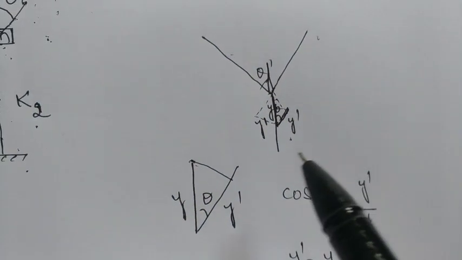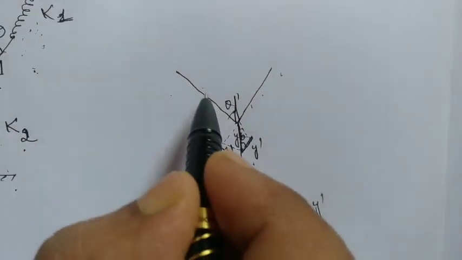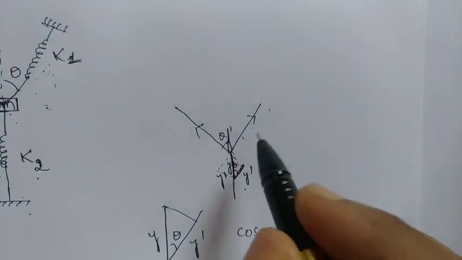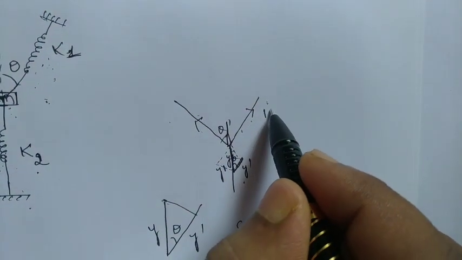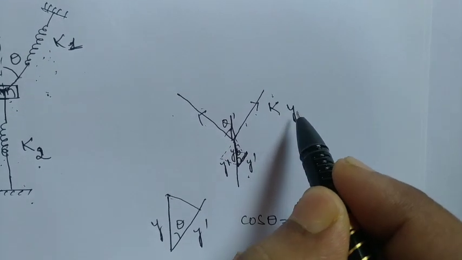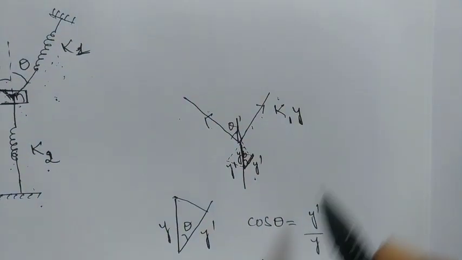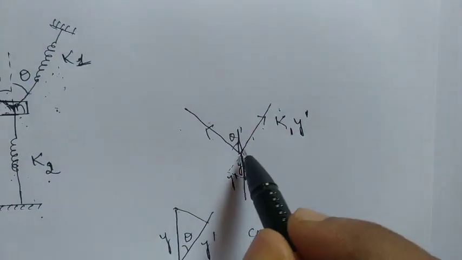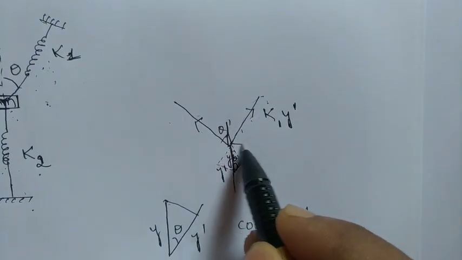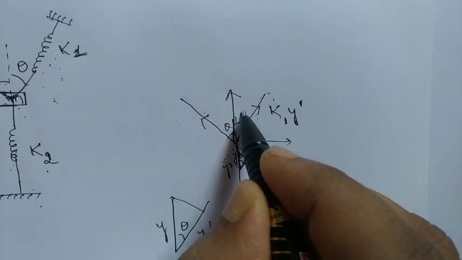Now what is the restoring force developed in the two springs? The restoring force is in this direction. The restoring force is F equal to K times the extension, so it is K1 Y dash, in this direction. Resolving into two components, horizontal as well as vertical, this is theta.